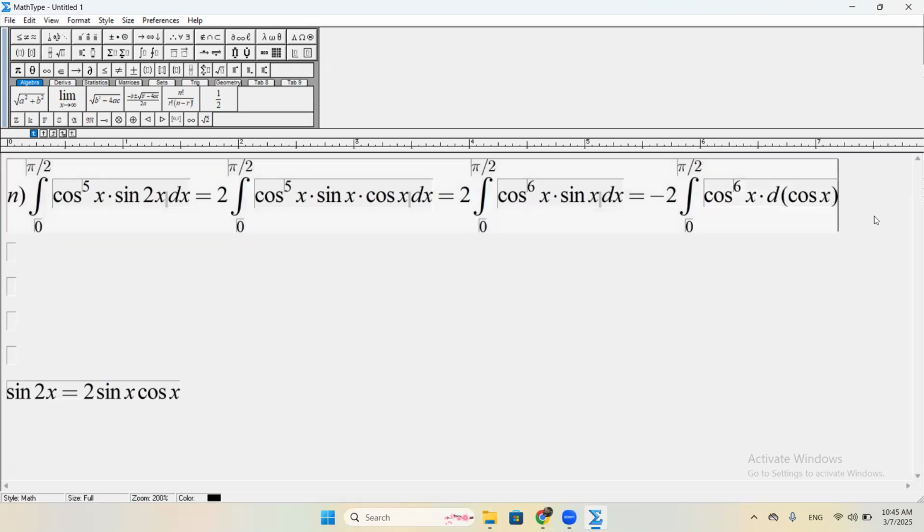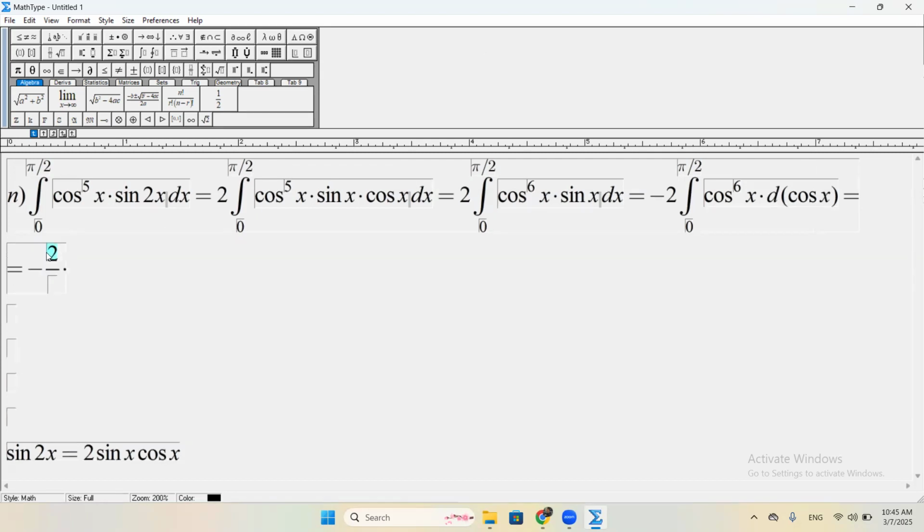So done with this transform, and now we can integrate it as a table integral. So minus 2 multiplied by 1 over 7. Okay, minus 2 over 7 just. Minus 2 over 7 cosine of x in the power of 7 with substitutions from 0 to p over 2.